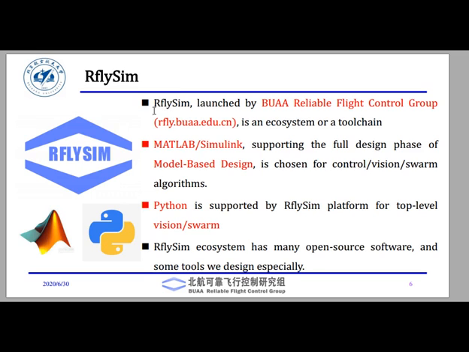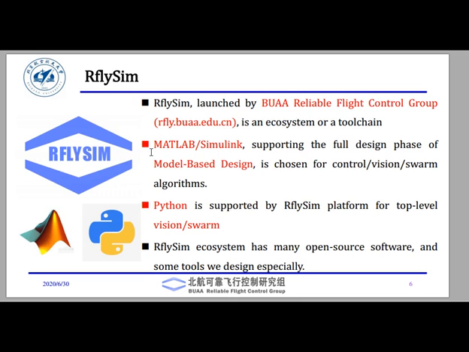What are the tools inside this tool chain? There is MATLAB Simulink, which supports the full design phase, which is model-based design. Model-based design means that each subsystem is modeled, has a model inside MATLAB or Simulink.